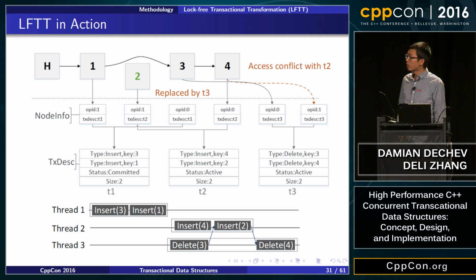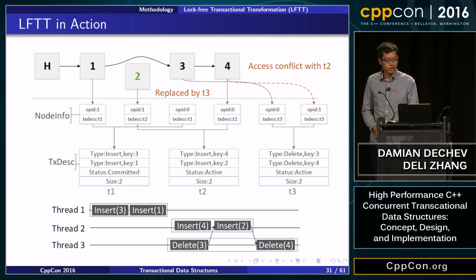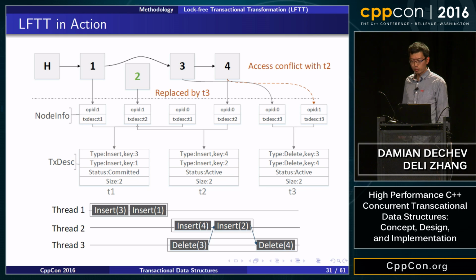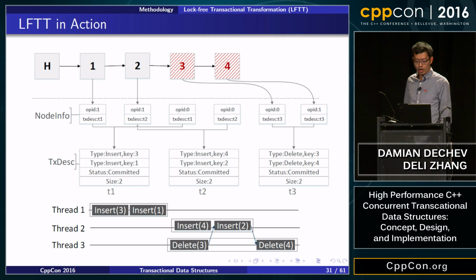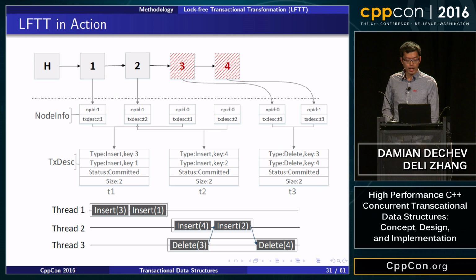When it tries to access node 4, it sees that this node is being accessed by an active transaction. So it has to help finish T2 before resuming deleting node 4. Once thread 3 completes its operation, both T2 and T3 should be committed, and keys 3 and 4 will be interpreted as absent from the set by subsequent operations.